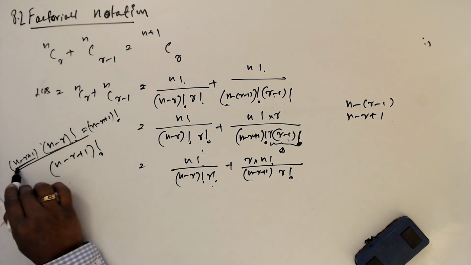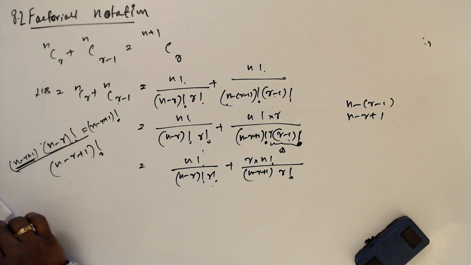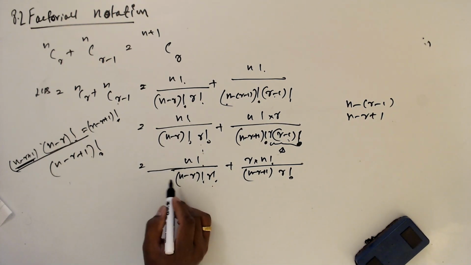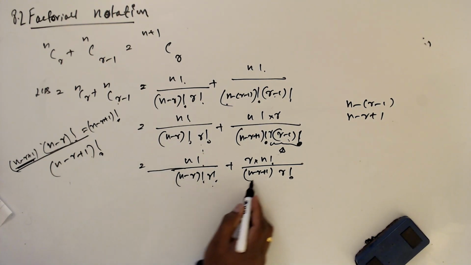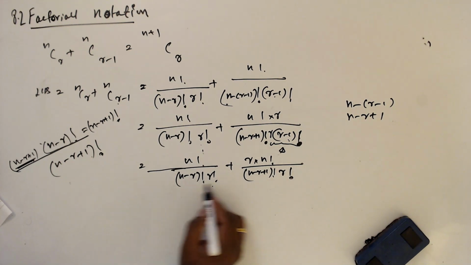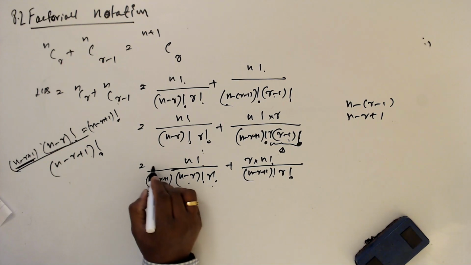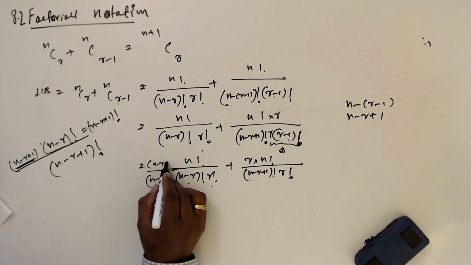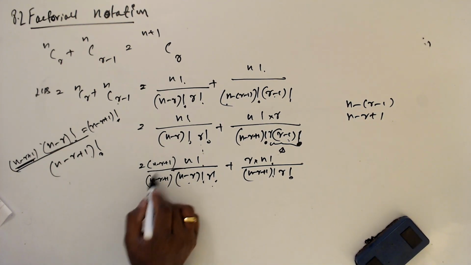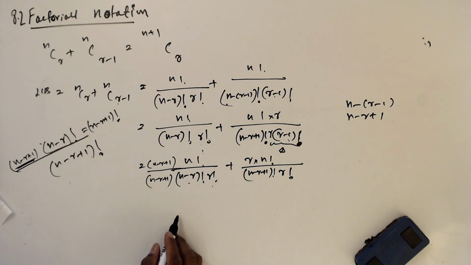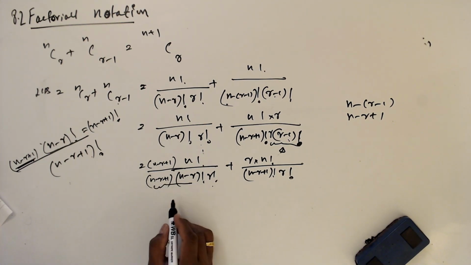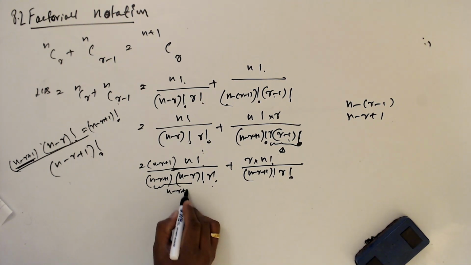So what is the missing part now? n minus r plus 1. So what I'm going to do is multiply and divide both terms by n minus r plus 1; then it is cancelled out, it's still the same. I adjust this one. Now I can write this one as n minus r plus 1 factorial.